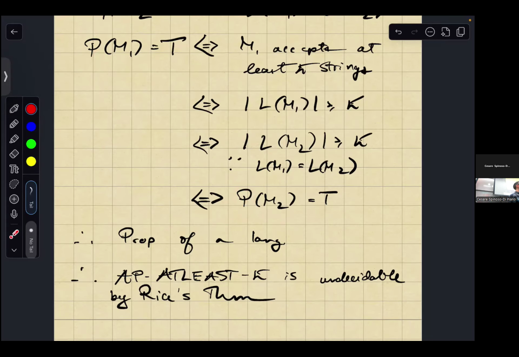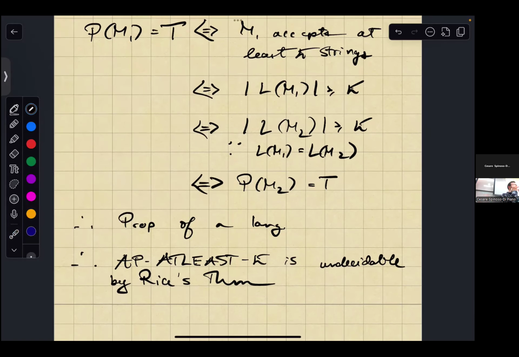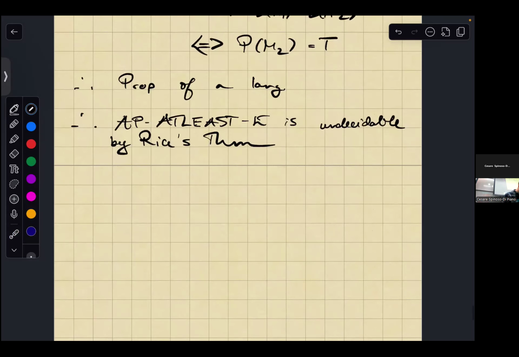Cool. All right. So let's do another one, where maybe life will not be as easy. I'm not going to write the instruction. It's exactly the same as before. I'm just going to write the language.